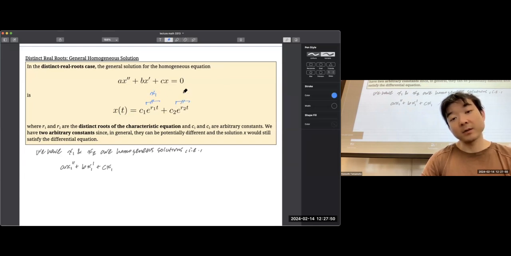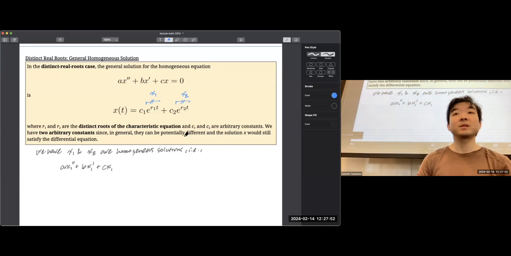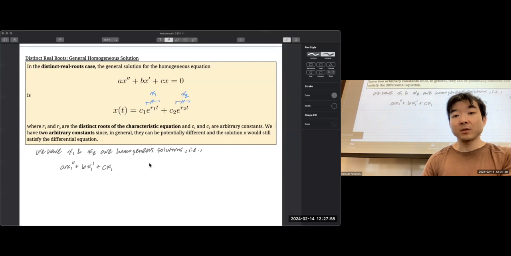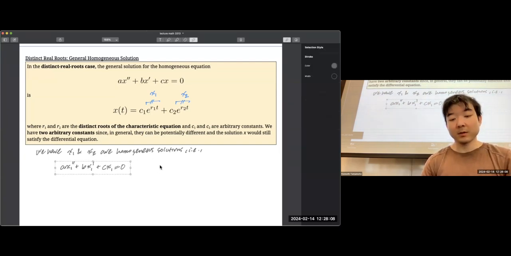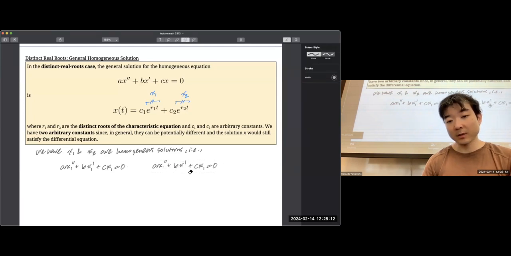Let's call this your x2. So we have two homogeneous solutions. I'm just labeling them as x1 and x2. And given that they are homogeneous solutions, we know that when you plug them into the original differential equation, you'll get 0. And the same idea with the other homogeneous solution. So we have these where the ones here are now 2's.